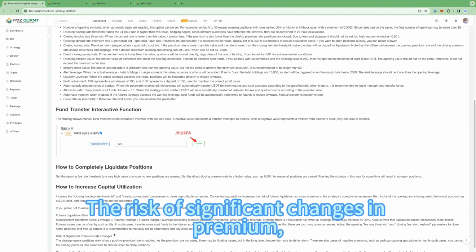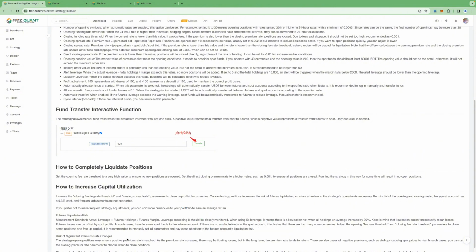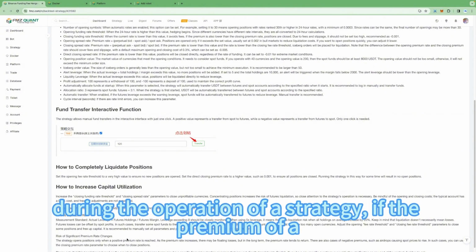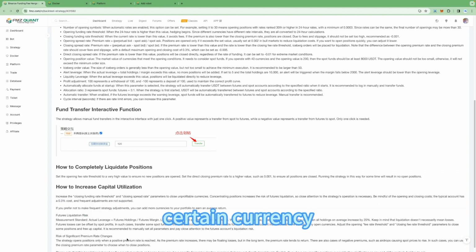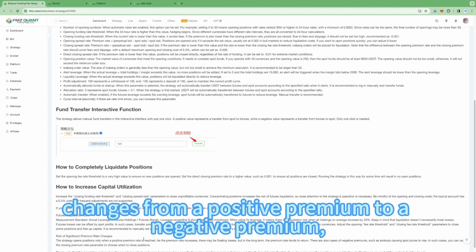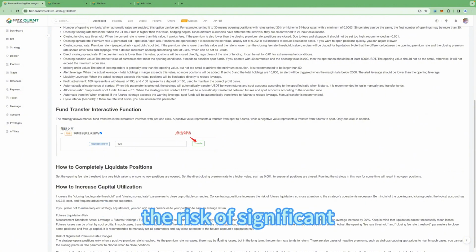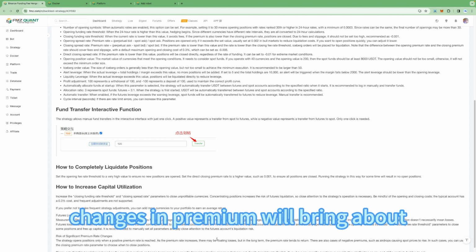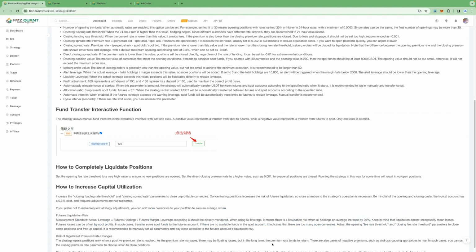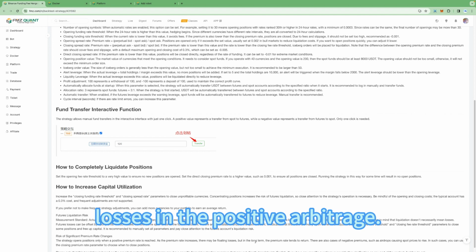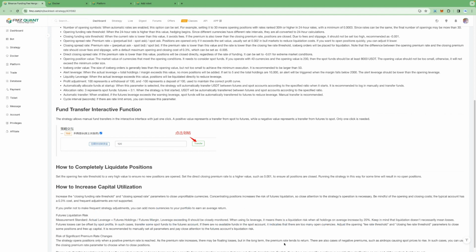The risk of significant changes in premium: during the operation of a strategy, if the premium of a certain currency changes from a positive premium to a negative premium, or if the positive premium continues to rise, the risk of significant changes in premium will bring about losses in the positive arbitrage.